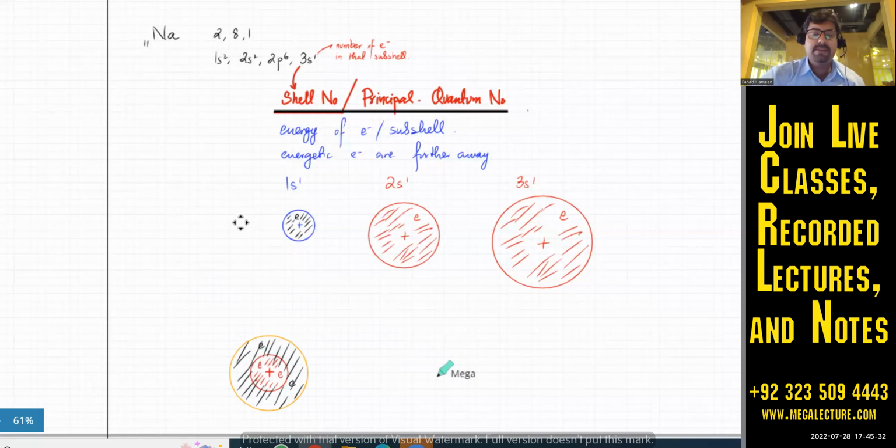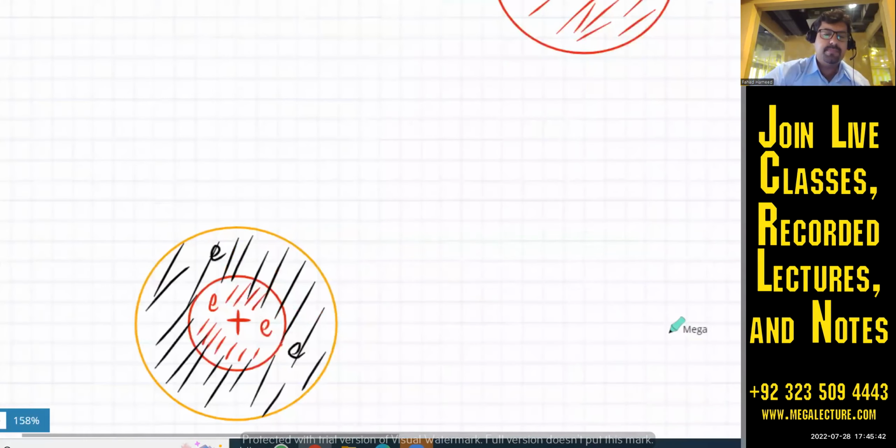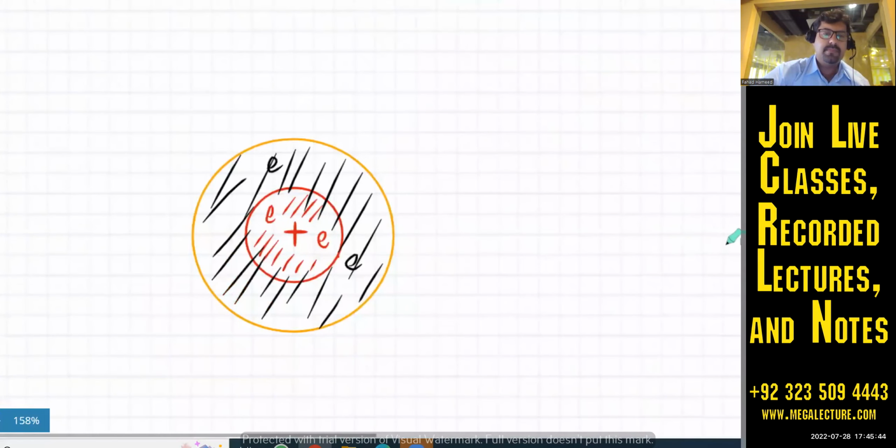I said, remember, the orbitals can overlap. So the 2 electrons over here, it doesn't really mean that they are confined. This electron is more energetic, so it might go into this red region as well, but the energy is of a 2s, so it's flying around. There's going to be a higher probability of the electron being much further away.